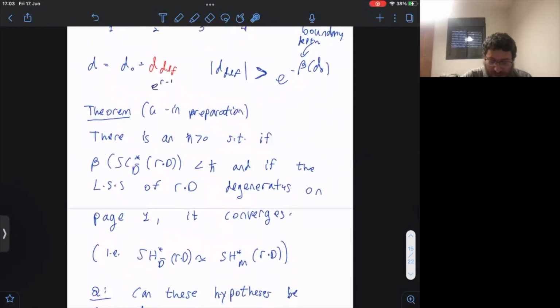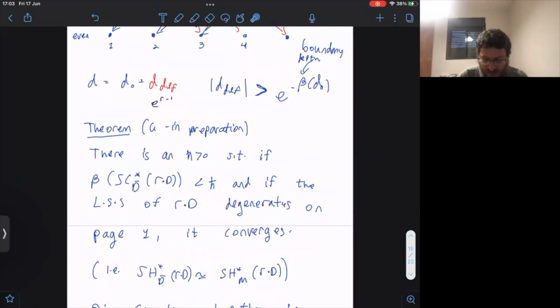So the theorem gives a condition for when the spectral sequence does converge, and the condition may sound a little strange at first, but the key is whether it can be verified. It says there is a certain constant such that if you consider the boundary depth of the domain r times d, where r is some real number.